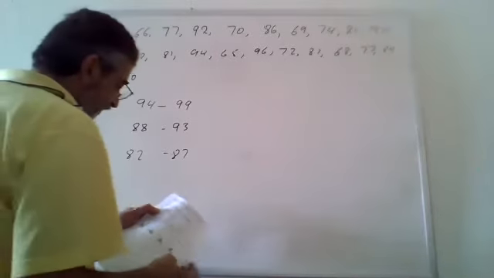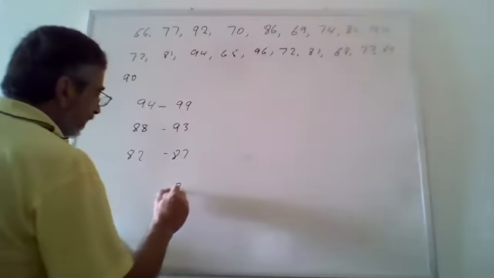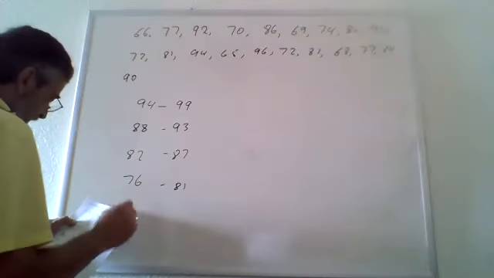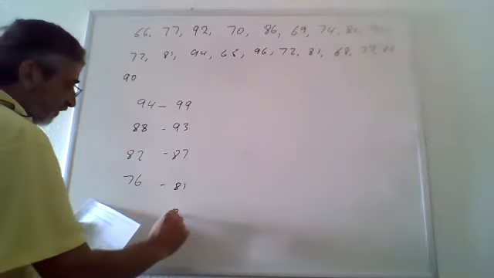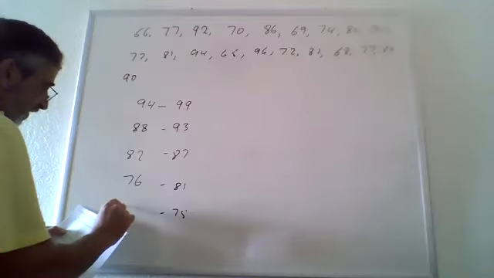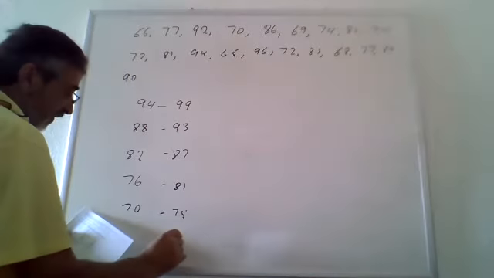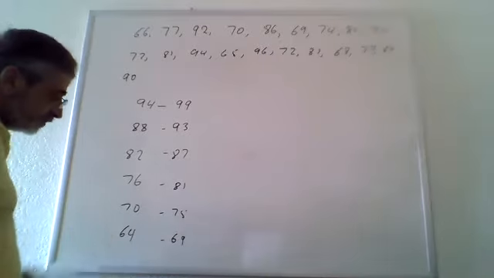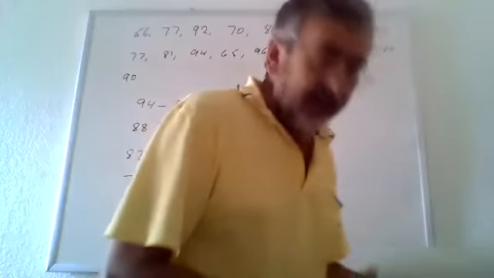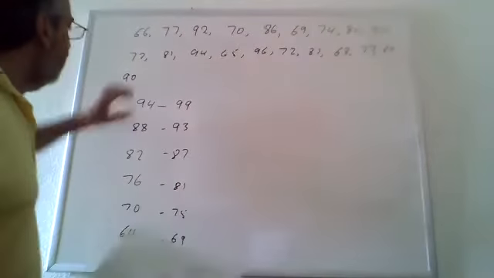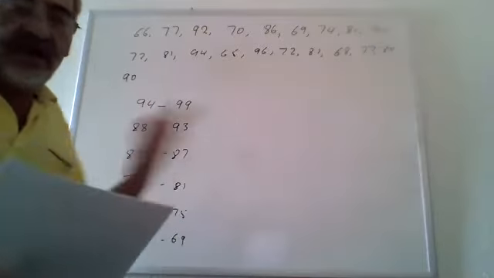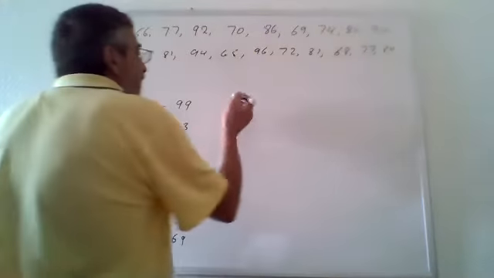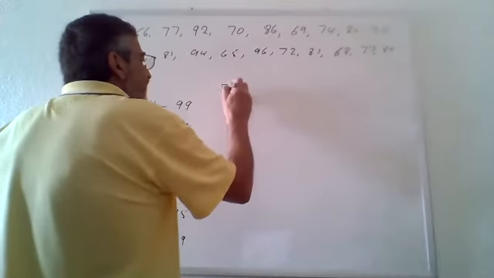And then we have 81, 76, and then 75, 70, and 69 to 64. So these are the bins given. You can call these bins, classes, whatever names they call. Then first one is the frequency.